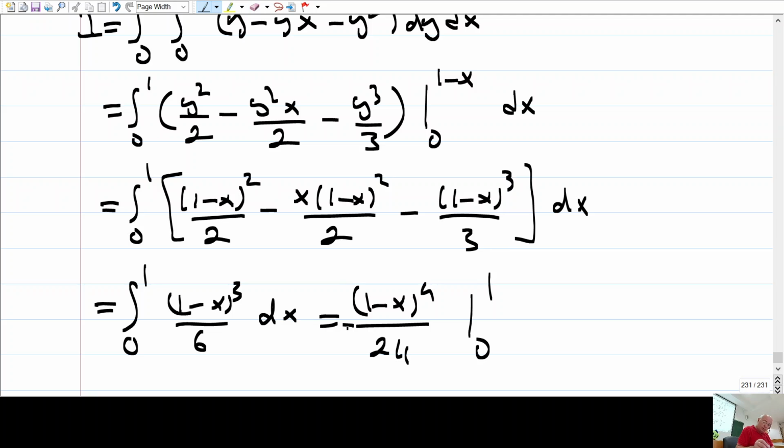Minus 1 comes out, so this minus sign cancels, and you have the cube here. So we have done it correctly. When you plug in 1, you get 0. Minus, when you plug in 0, you get 1 over 24 with a minus sign. So the answer is 1 over 24. Yes, correct. Okay.